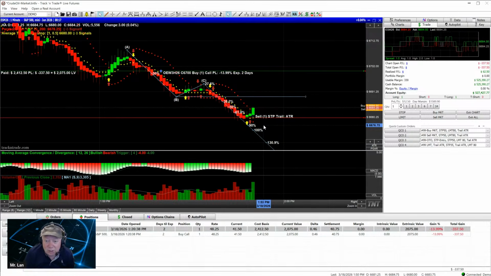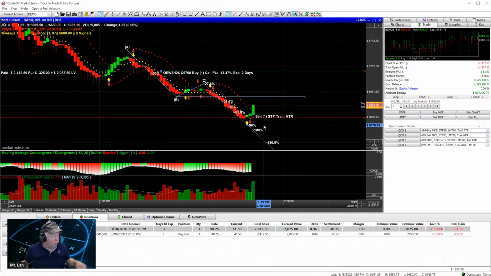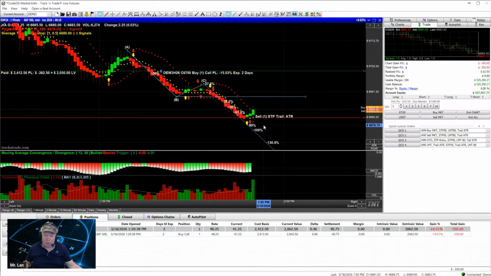Now, these are probably just buyers getting out of the short positions. I don't think there's anybody in here. Not very many people 10 minutes before the market opens that are just like, hey, I think I want to get into the market long on the S&P. These are just buyers to close out their short positions.